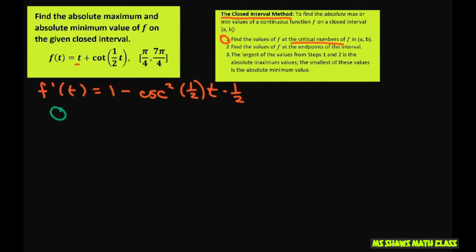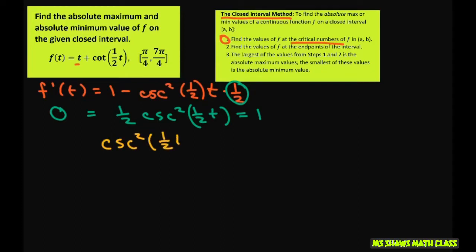And you set this to 0, you're going to get 1/2, I'm just moving this in front, cosecant squared of 1/2 t equals 1. Then multiply both sides by 2, and you get cosecant squared of 1/2 t equals 2.